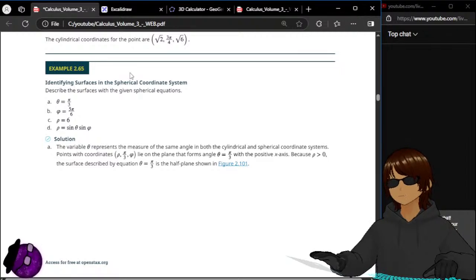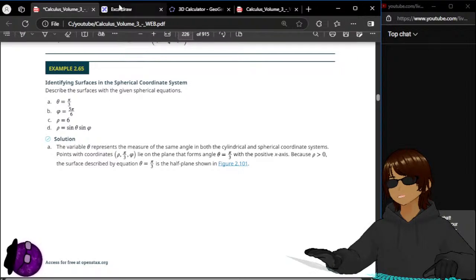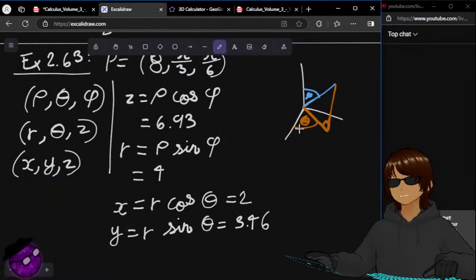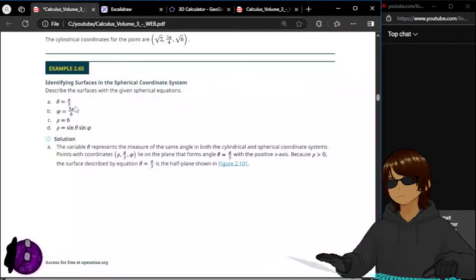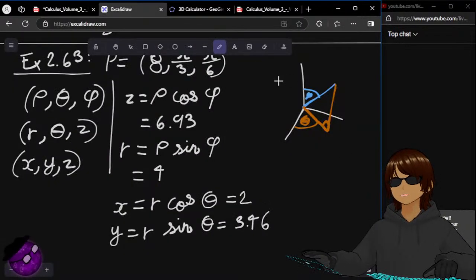Identifying surfaces in the spherical coordinate system. Describe the surfaces with the given spherical equation. So theta equals pi over 3. If we have an angle of pi over 3, there will be a plane in this direction, for r from 0 to infinity, and the entire z-axis. But why a half plane?